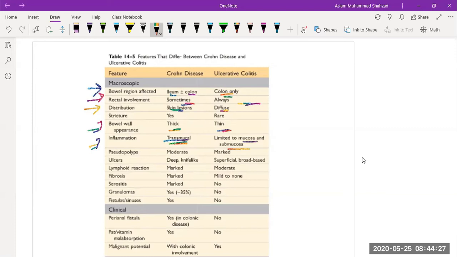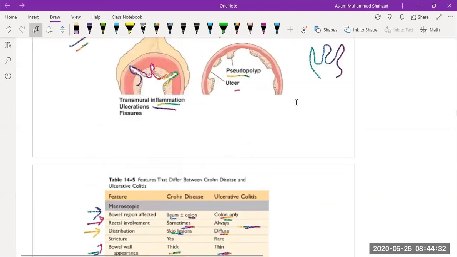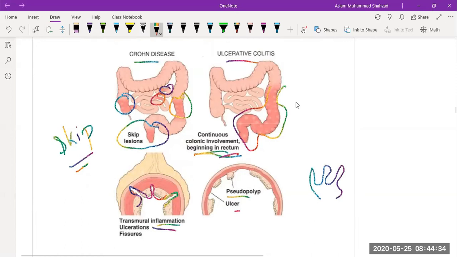Pseudopolyps formation is moderate in Crohn disease, whereas it is marked in ulcerative colitis. If you take a look at both pictures, the left picture shows the presence of transmural inflammation, whereas the right picture shows ulcerative colitis with the formation of pseudopolyps, and they are more restricted to mucosa and submucosa, whereas Crohn disease is not restricted to mucosa and submucosa.